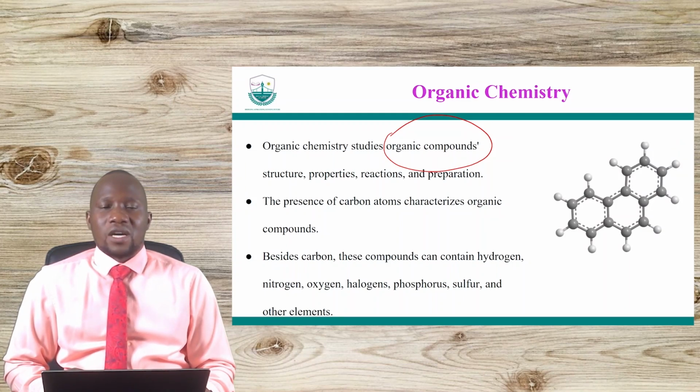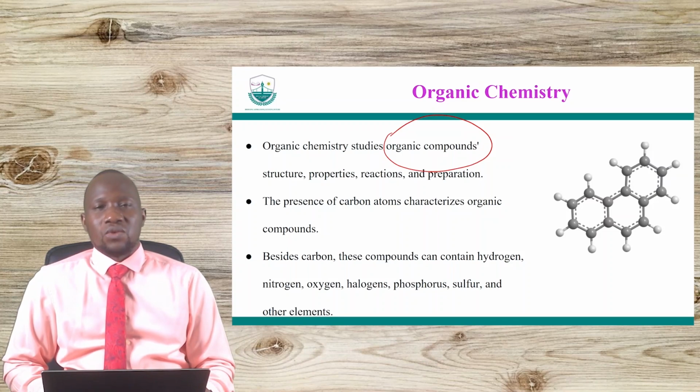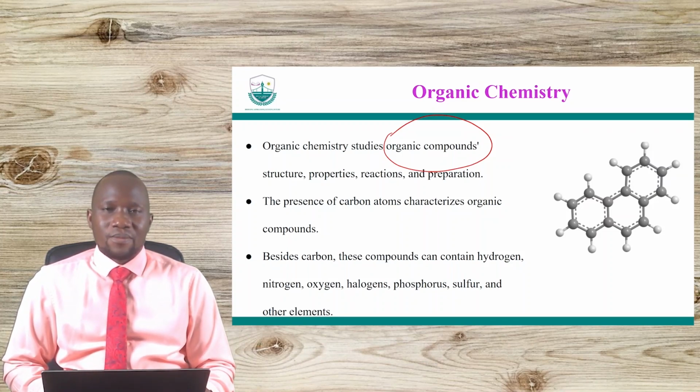And finally, we look at how they are used in science or in application, or even what are the things that we have at home that are made from these organic compounds. So what is the unique thing about these organic compounds? They have carbon.